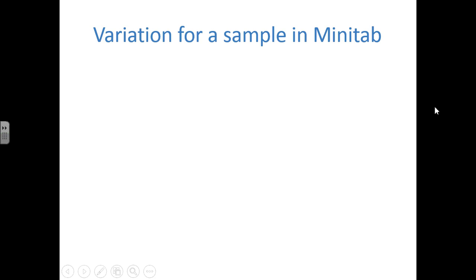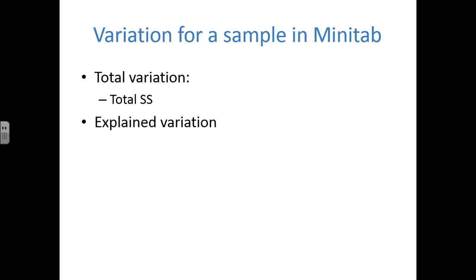Now the variation for a sample in Minitab, the total variation is known as the total SS. You'll get a lot of information when you go to regression in Minitab, and if you're asked what is the total variation, look for the value total SS. If you're asked to find the explained variation, you go to regression SS, which is in a table.